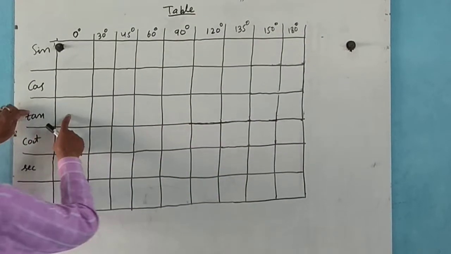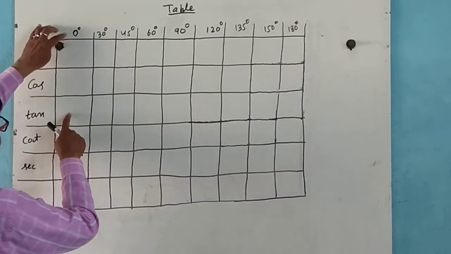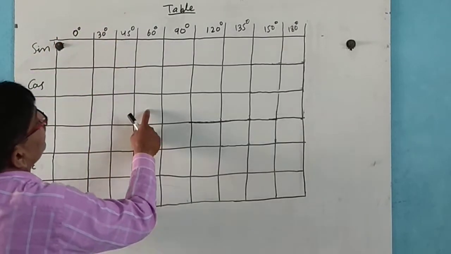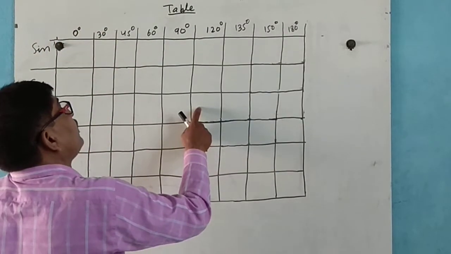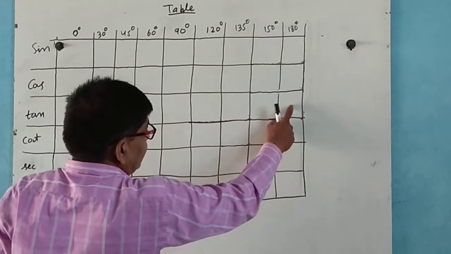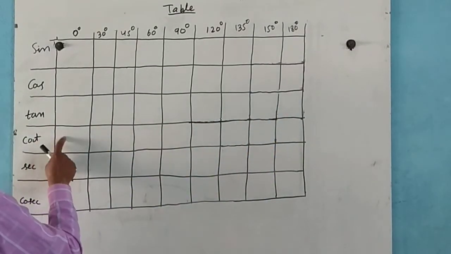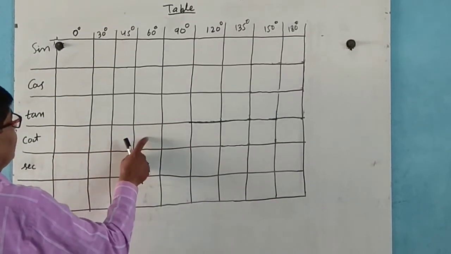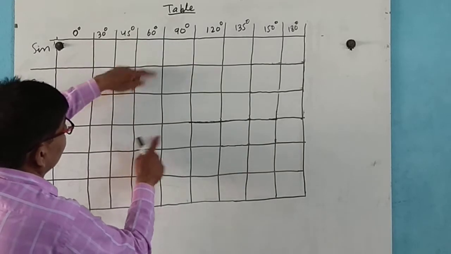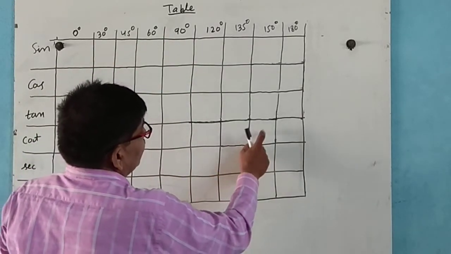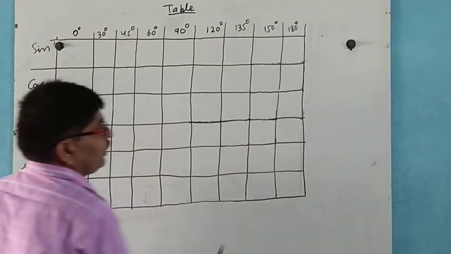Similarly tan and cot for 0, 30, 45, 60, 90, 120, 135, 150, 180 degree.